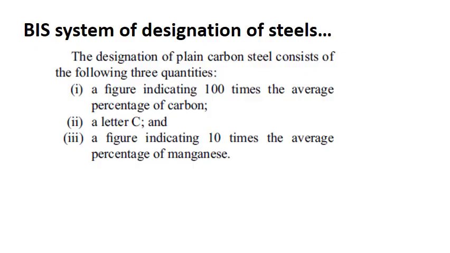Average percentage, because you cannot manufacture an alloy exactly to a given chemical composition. It is not possible. So we always use average percentage. Even in research articles, they try to understand the mechanical behavior of different alloys manufactured in their own laboratory.